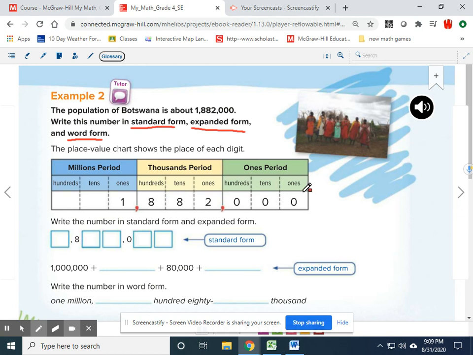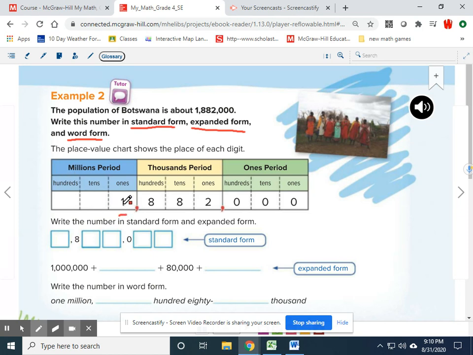And remember, I said we can start backwards when we're putting numbers in the place value chart. So I see that it goes 0, 0, 0, and then 2, 8, 8, 1. So I have 7 digits there, just like up here, and I'm going to put them in the place value chart. Now in order to read this, we say each number in a period. You can see there's one number in the millions period.